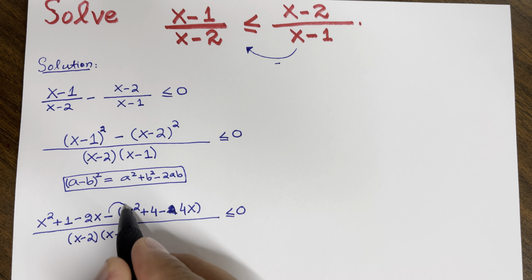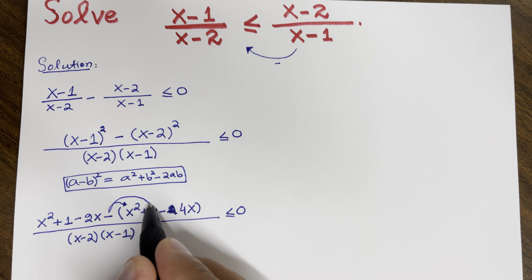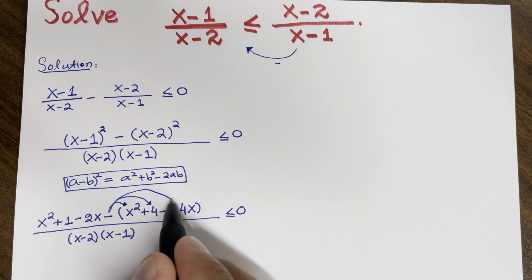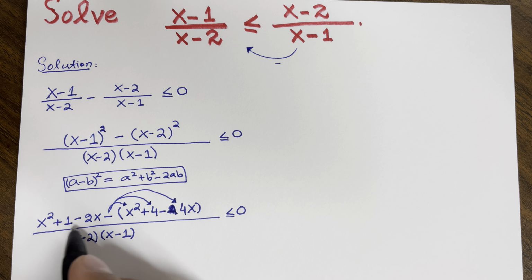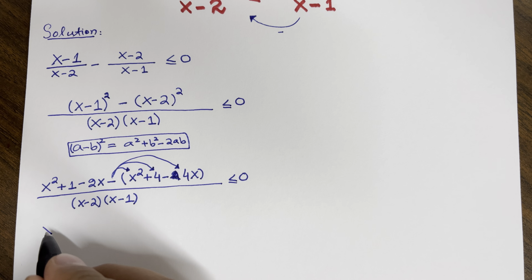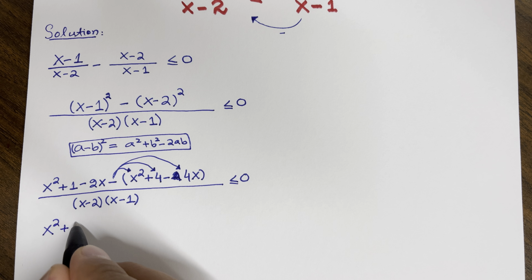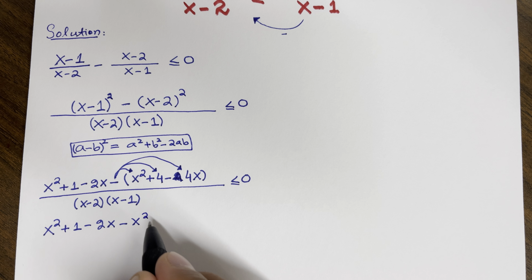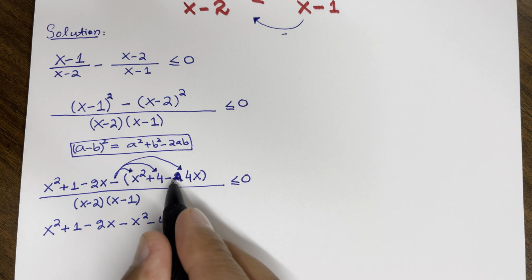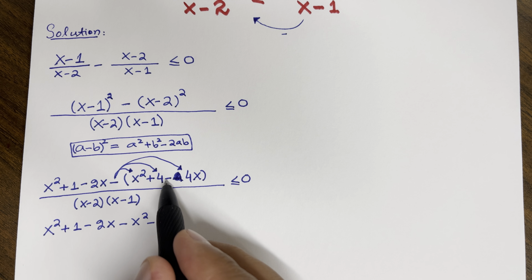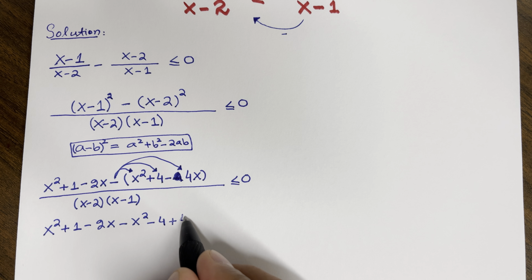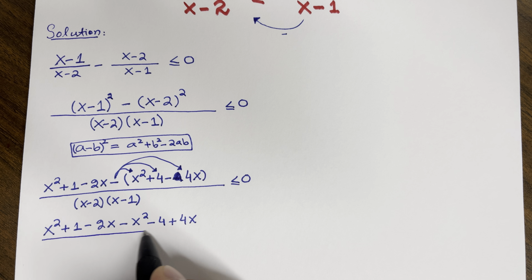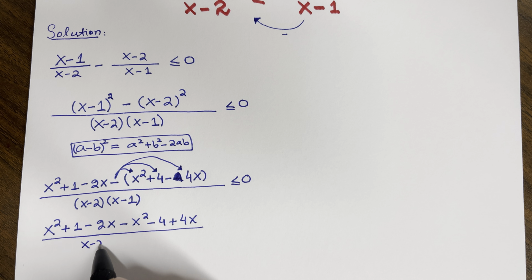Now we have to distribute the negative sign with all these terms. We can just write this as it is, x square plus 1 minus 2x minus x square, then minus 4, and now you have to switch the signs, so negative will become positive 4x, and the denominator will stay the same.